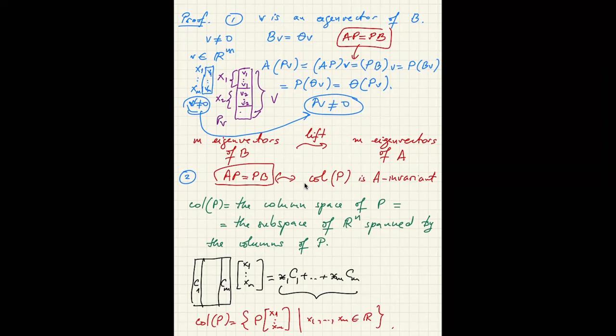Okay. Now, what do we see when we look at this equation? So this takes care of the column space. I need to tell you that the column space of P is a subspace of Rn.